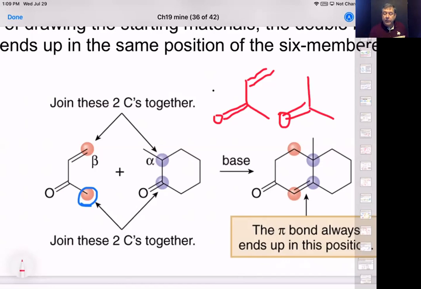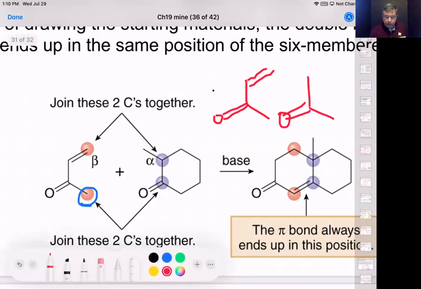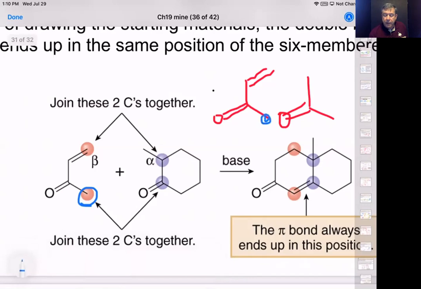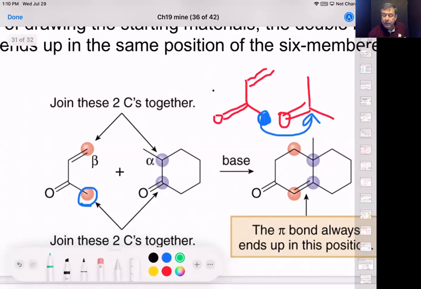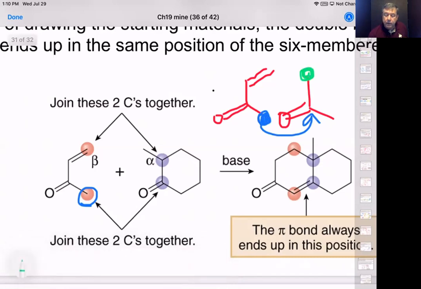The reason we want to do that is because this methyl or this ketone portion here on the conjugated one is going to be the one that ends up attacking the carbonyl directly. And this alpha carbon here on the ketone, the non-conjugated ketone, is the one that's going to come out and attack at that beta carbon of the unsaturated carbonyl compound, okay?